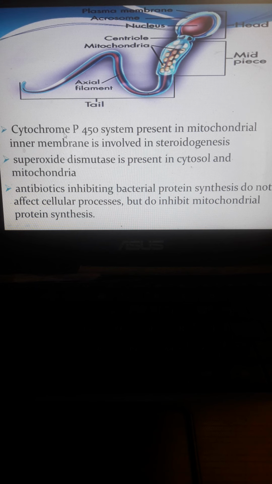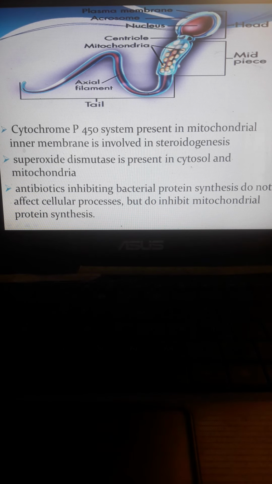With the cytochrome P450 system, the mitochondrial inner membrane is involved in steroidogenesis, the production of steroids. If you look at the tail portion of the sperm cell or spermatozoa, it is composed of mitochondria because it needs energy for swimming and movement.